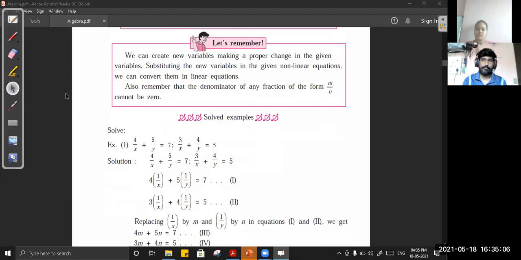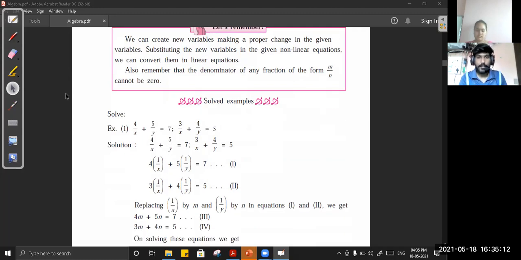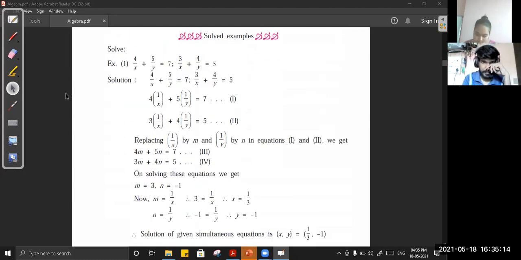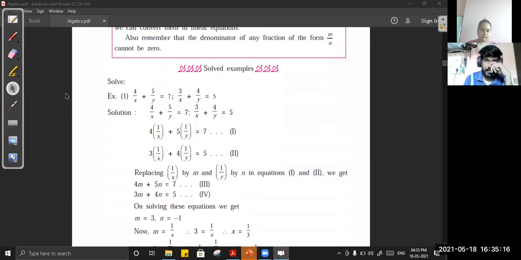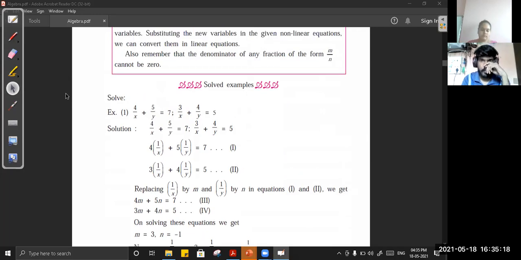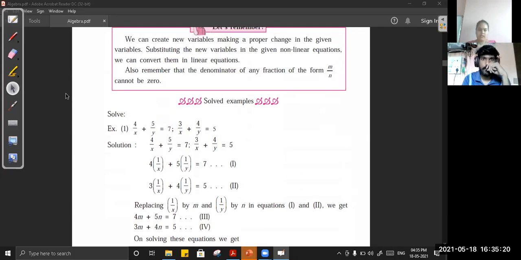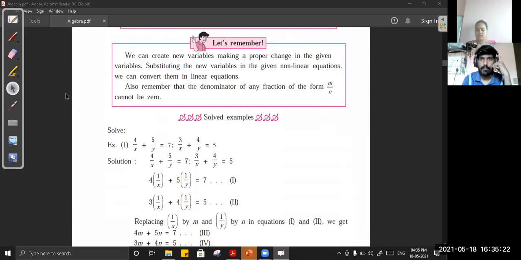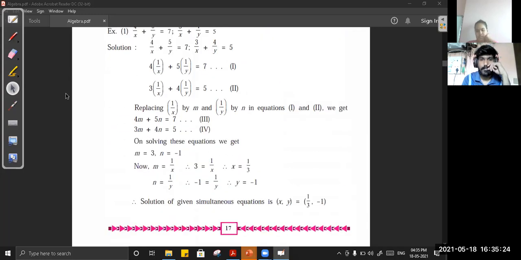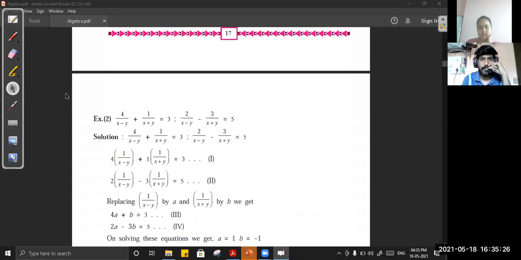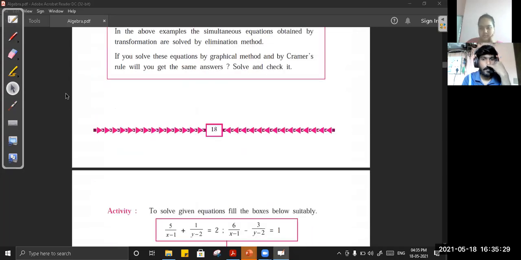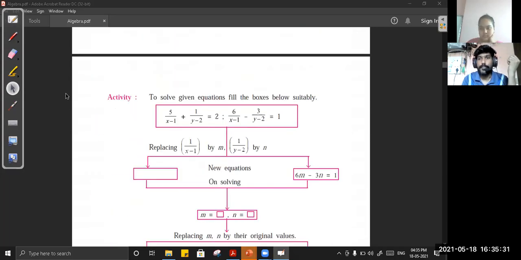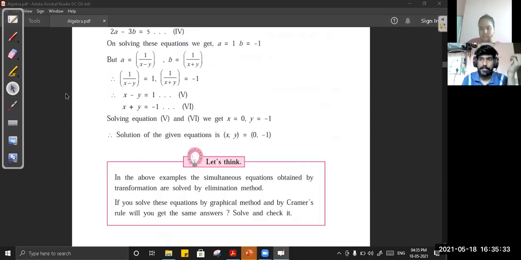There are no formulas in this. No, there are no formulas, but there are steps. The steps you have to keep in mind. There is an activity on the 19th page, but before this activity, you need to understand the steps.